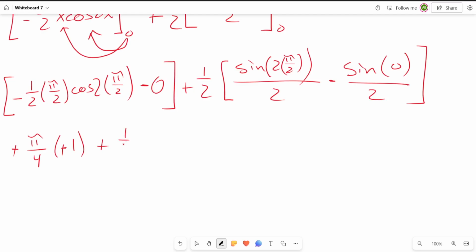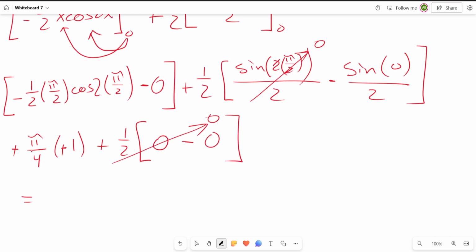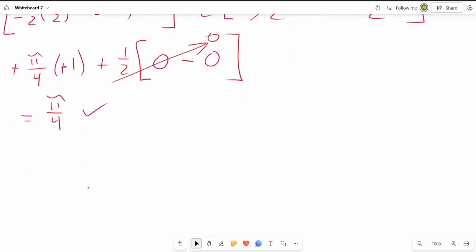Plus half times sine of 2 times pi over 2, which becomes pi. So sine pi is 0. So this whole term becomes 0. Minus sine 0, which is also 0. So 0 over 2 is 0. So this whole term also becomes 0. So my answer at the end is going to be pi over 4 times 1, which is pi over 4. And this is my answer to this question.